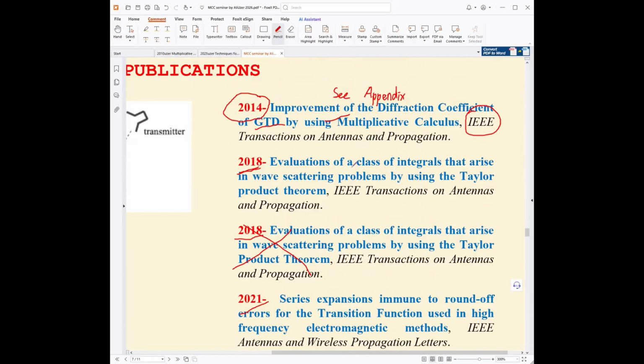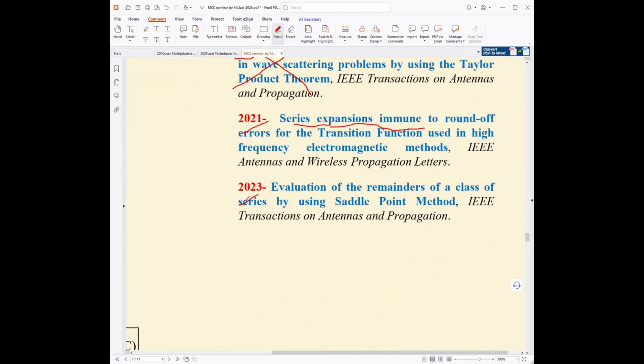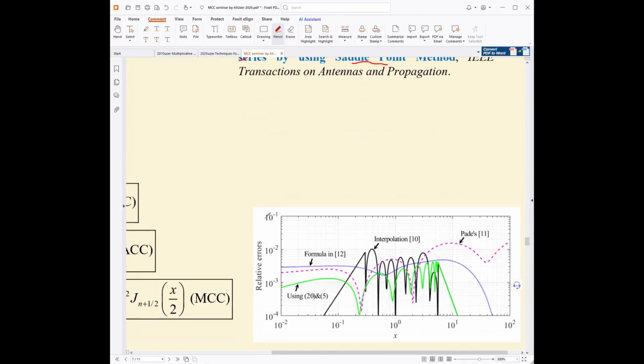They are evaluations of some class of integrals that arise in wave scattering problems, electromagnetic problems, and series expansions that are immune to round-off errors for the transition function. So round-off errors are considered. I mean, multiplicative calculus principles were used for reducing the round-off errors. Also, evaluation of the remainders of a class of series by using the saddle point method, and also lots of other applications.